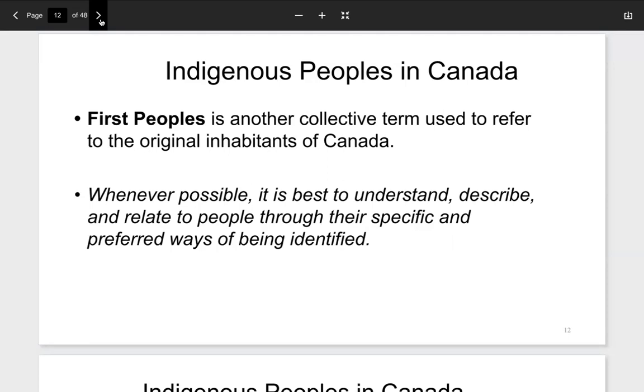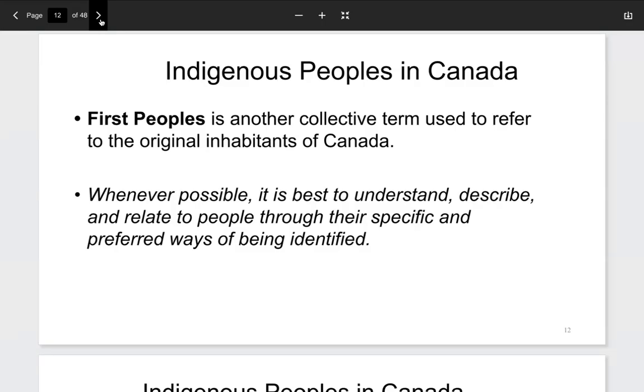So when we are working with the Indigenous community, whenever it is possible, it is best to try and understand, describe, and relate to people through their specific and preferred ways of being identified. So as an example, if we're working with an Indigenous client or an Indigenous community, it's helpful to have a dialogue with them to understand how they identify.